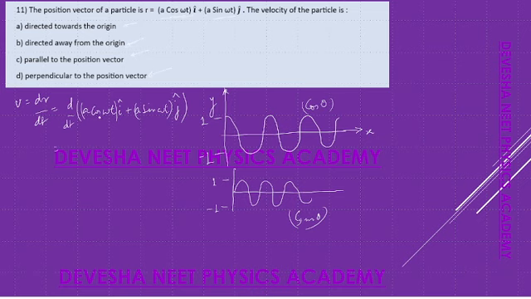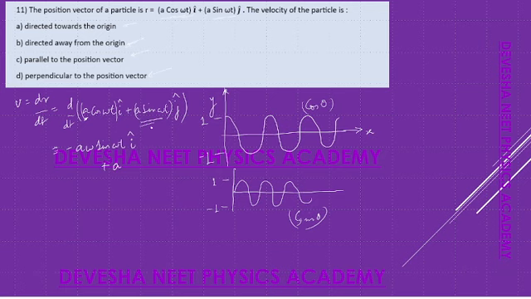Okay, so when you do the differentiation of a cos omega t, this will become minus a omega sine omega t i, plus, we have to differentiate this now, right?